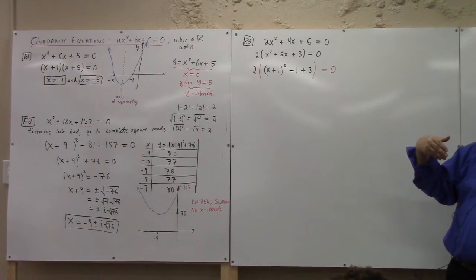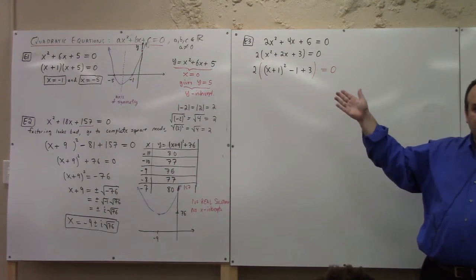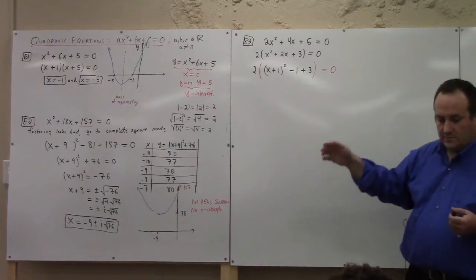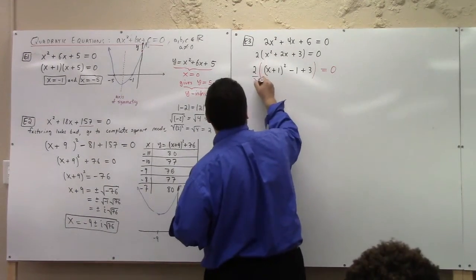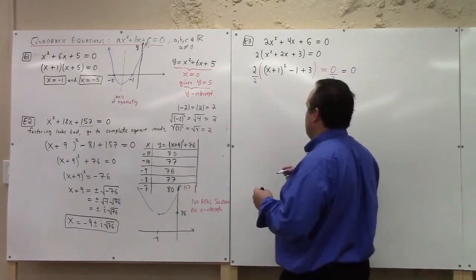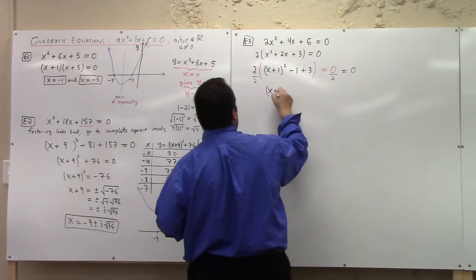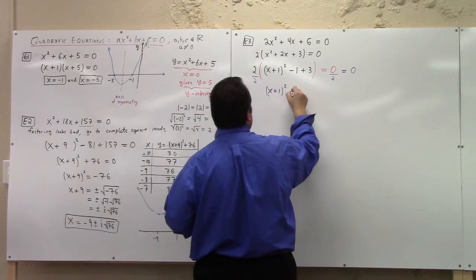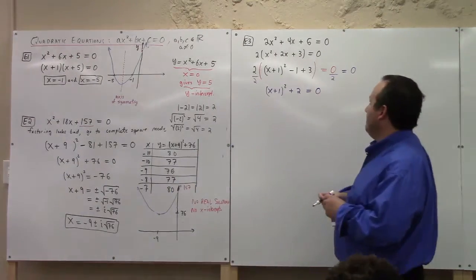You're solving an equation, and you've got a number that's factored out front. What do we do? Divide both sides of the equation by 2 and get rid of the 2. What's 0 over 2? Still 0. So what I have here is x plus 1 squared plus 2 equal to 0.